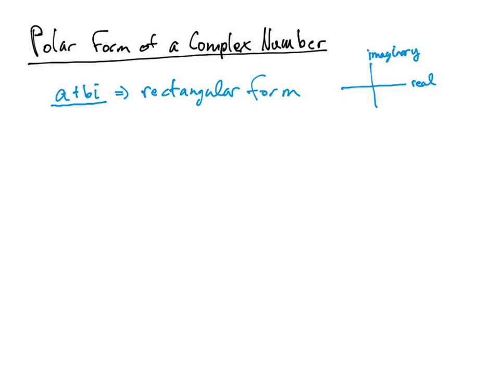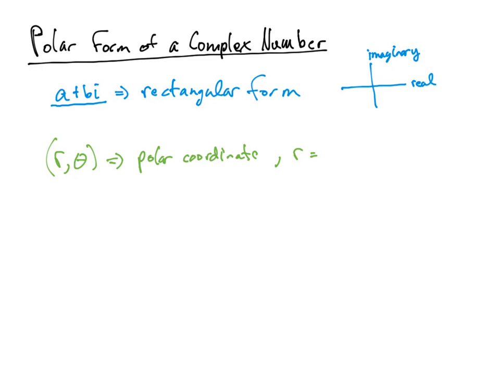So as a reminder, to plot a point in polar form, we need the r value and the theta value. So r is just the distance from 0, and theta is the angle. If a point is written in r comma theta form, we call this polar coordinates.